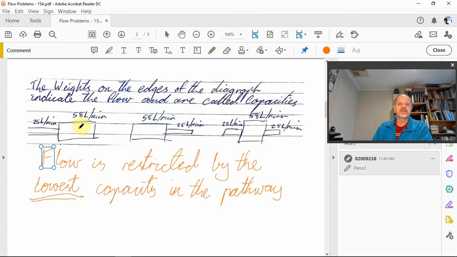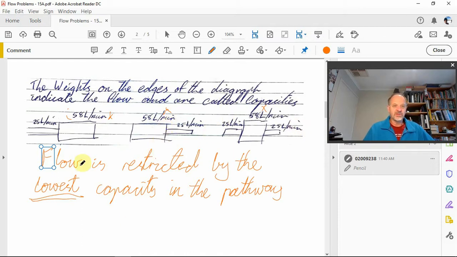You can see these ones here, there, and there, even though they can cope with 58 litres per minute, the issue is these other smaller pipes can only deliver or take away 25 litres per minute. So the flow through each of these 3 arrangements is restricted to 25 litres.